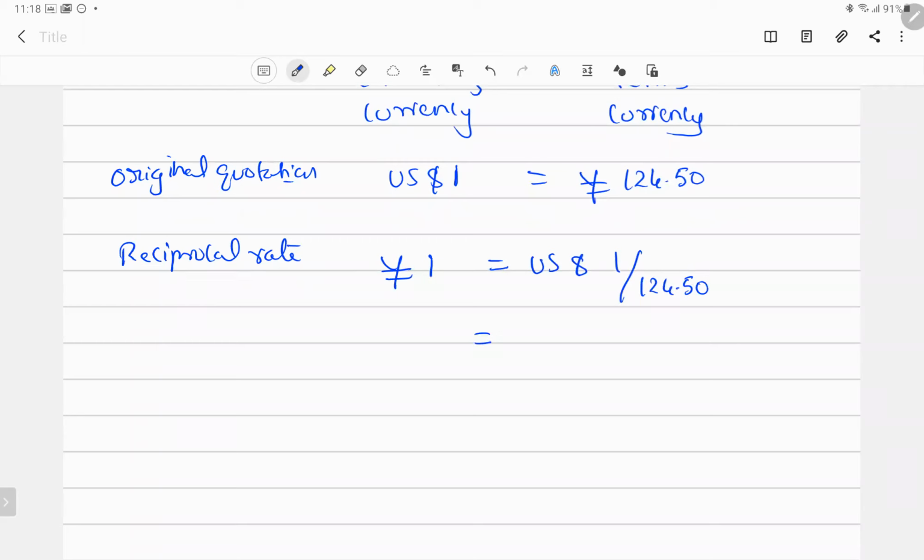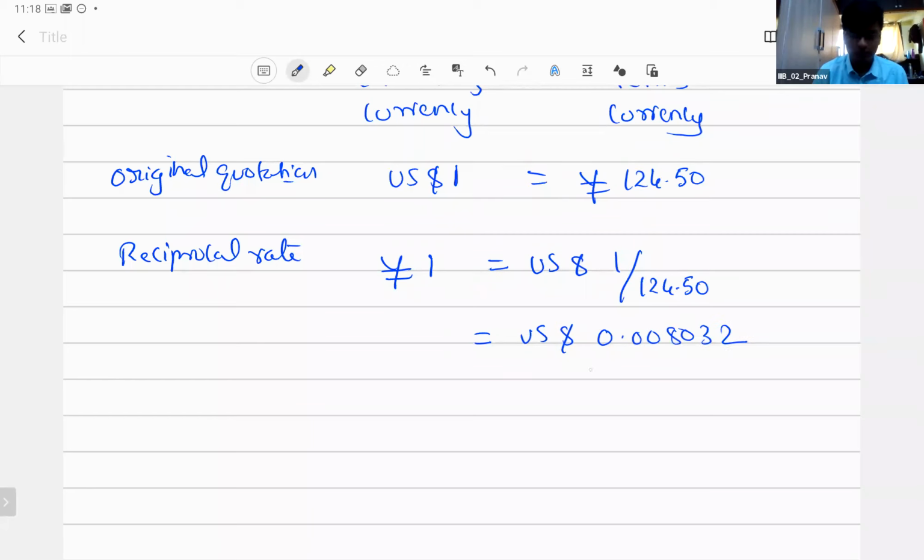How much are you getting? Have a calci along with you because we have some calculations to be done. 1 divided by 124.50. So you are getting 0.0080. Okay, can put 3 2 also, nothing to worry, right? So this is your reciprocal rate of your original quotation.